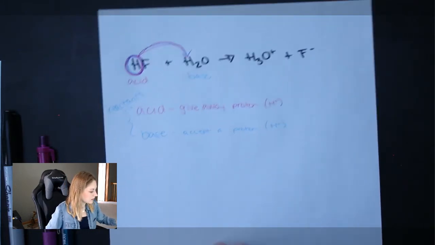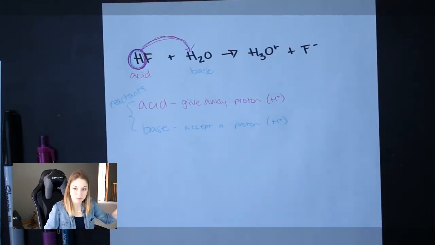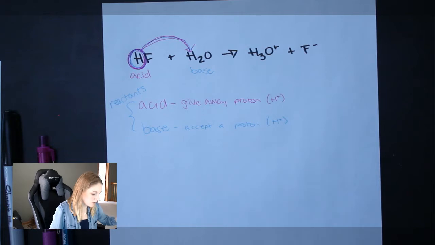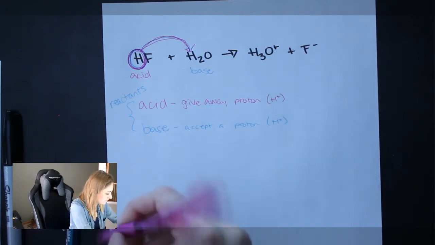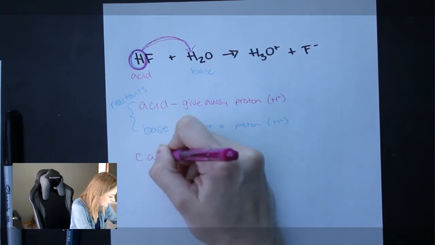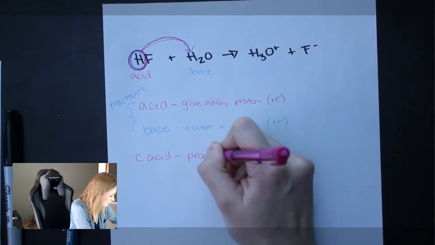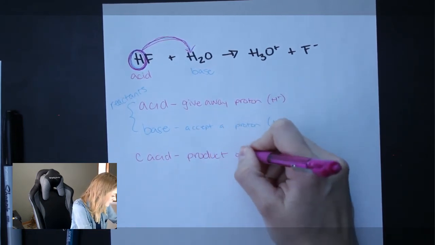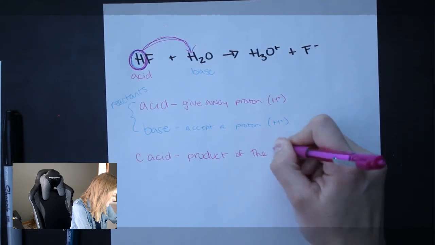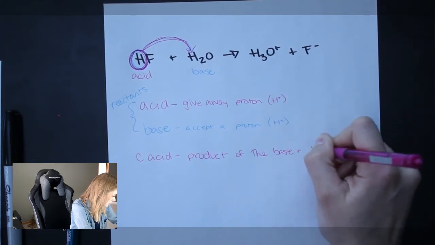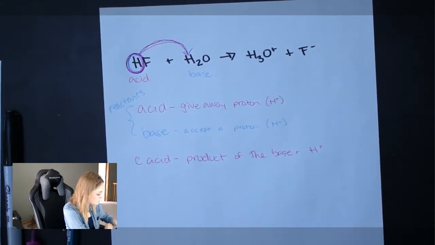The next part of your little blurb that I read said that your conjugate acid, I'm just going to call it a C acid, is the product of the base plus your H+, or plus your proton.